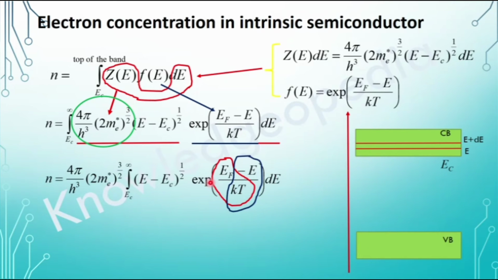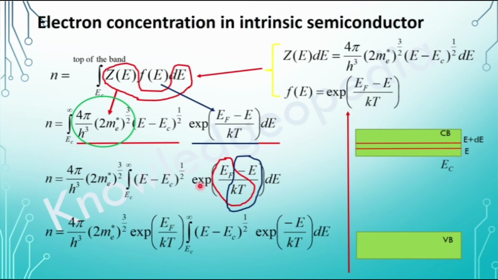Out of those two, the first one, exponential EF by kT, is again a constant because the Fermi energy is constant, k is constant, and temperature is independent of E. So this constant can again be taken outside the integration, and inside the integration we are left with exp minus E by kT.